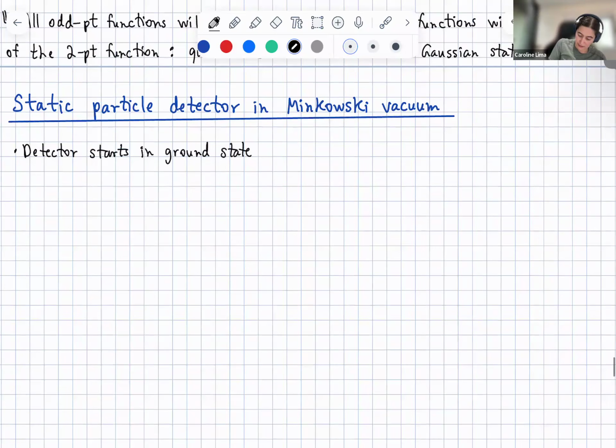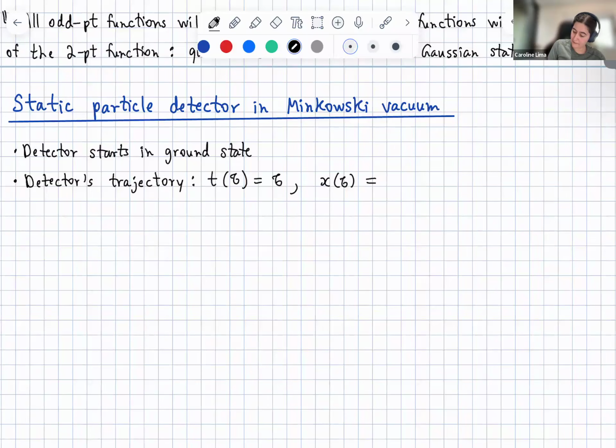And the detector's trajectory is going to be simply t = tau, and then the spatial component is just fixed. All of them.